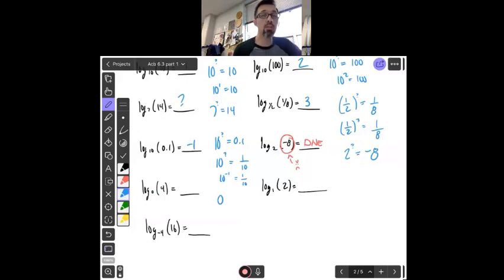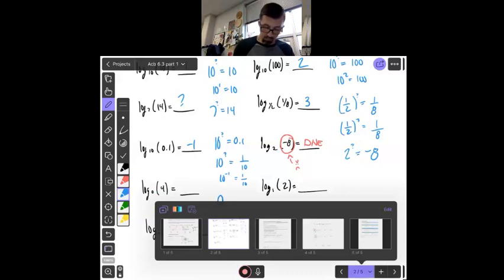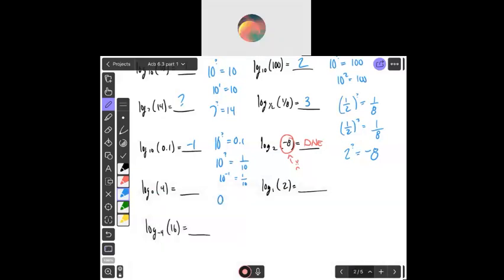What's this mean? It would mean that 0 to the 4 equals something. What was the last thing you said? Equals, I don't know. I'm not sure.